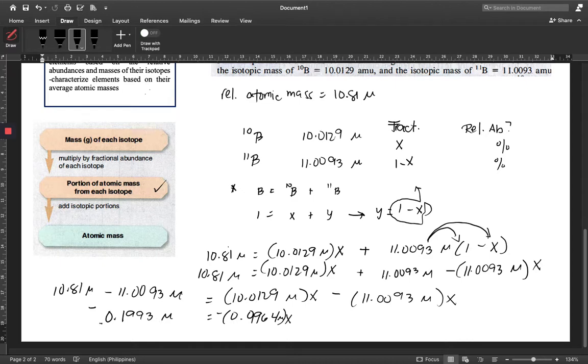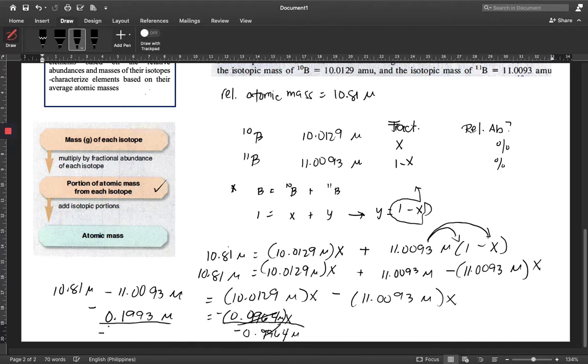Take note that we are looking for x, so we divide both sides by negative 0.9964 amu, so that we can cancel.